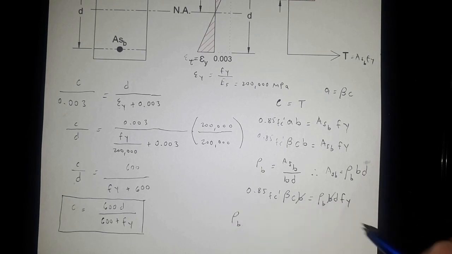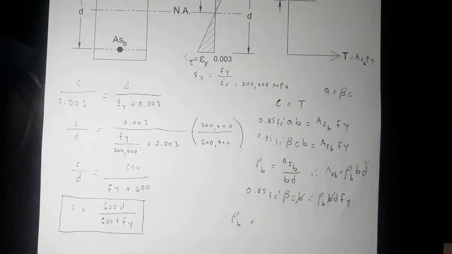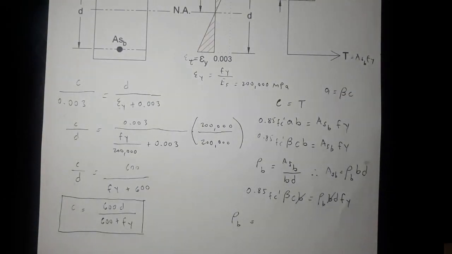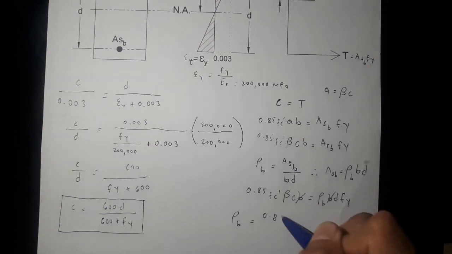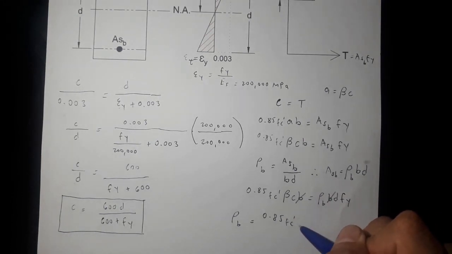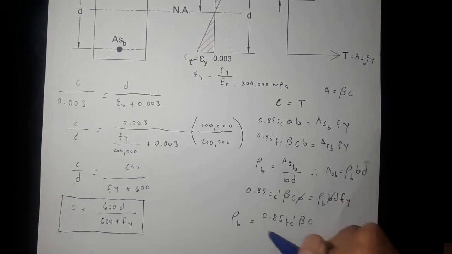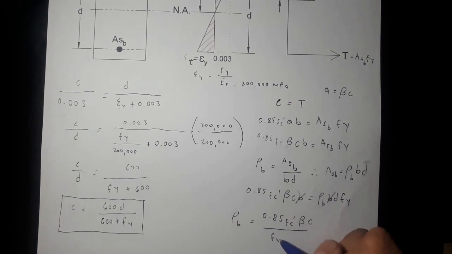So, yung raw balance natin is equal to 0.85 Fc prime multiplied by beta C over FyD.